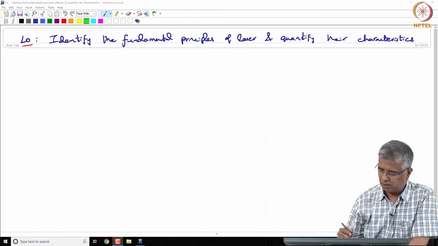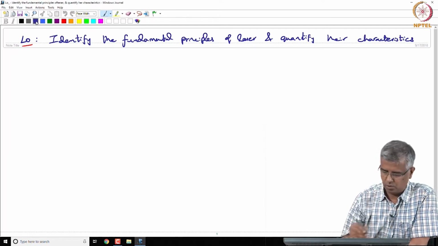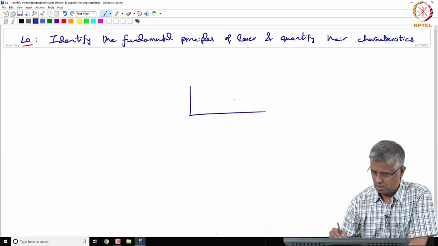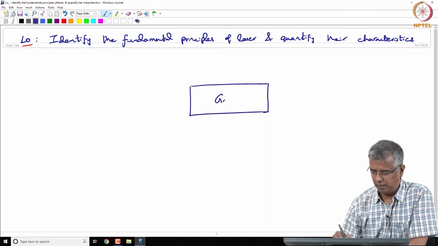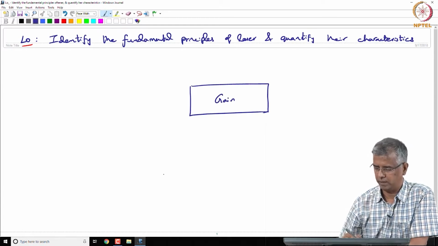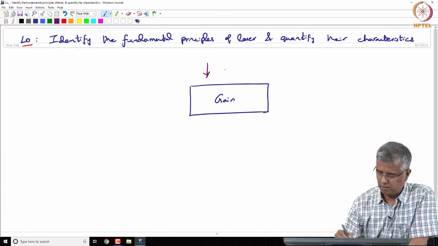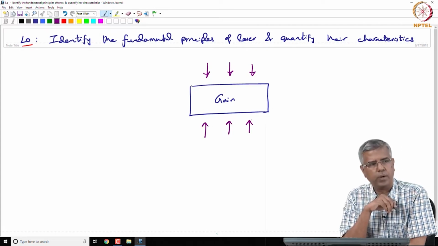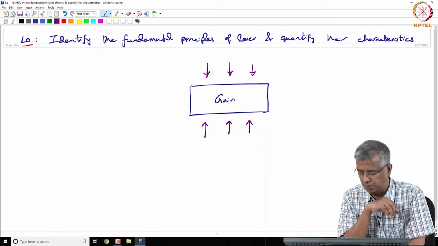This part we already discussed briefly previously. A laser is going to consist of a gain medium, which provides gain as long as you can provide this external excitation, which we call the pump.